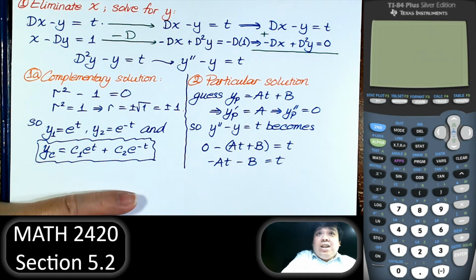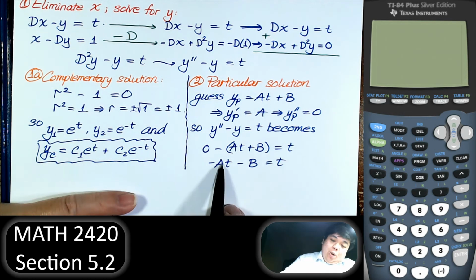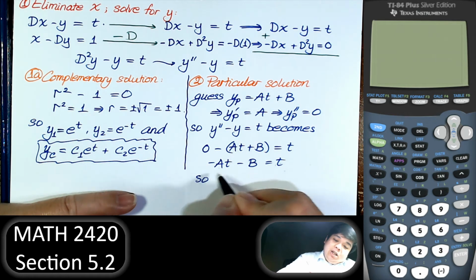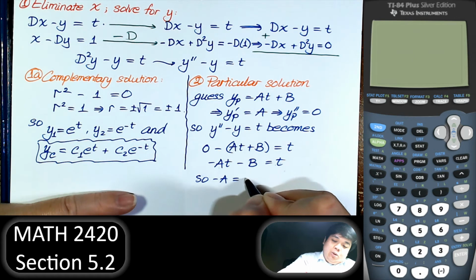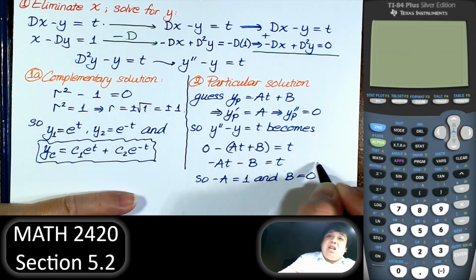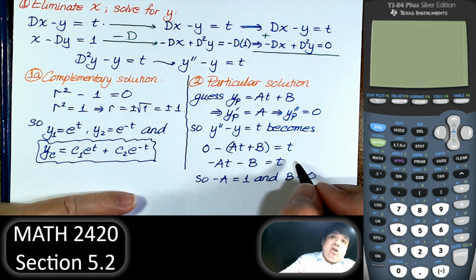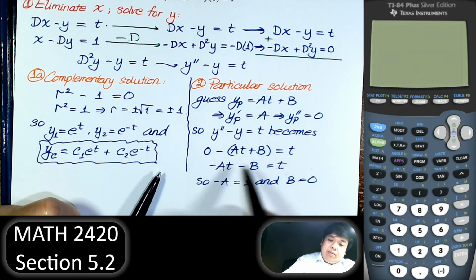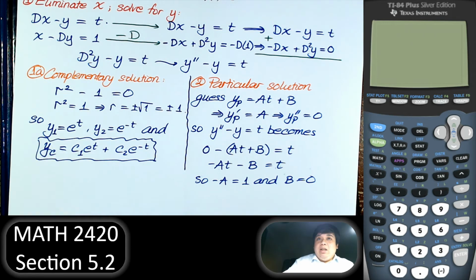Of course, when we see this, the coefficient of t has to match and the constant has to match. So this is obvious. Negative a is equal to 1 and b is equal to 0 because there's no constant on this side. Both of them have a t on each side. So negative a is equal to 1, so a is negative 1 and b is 0.